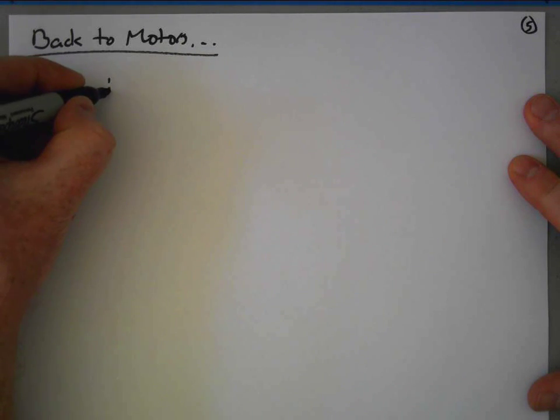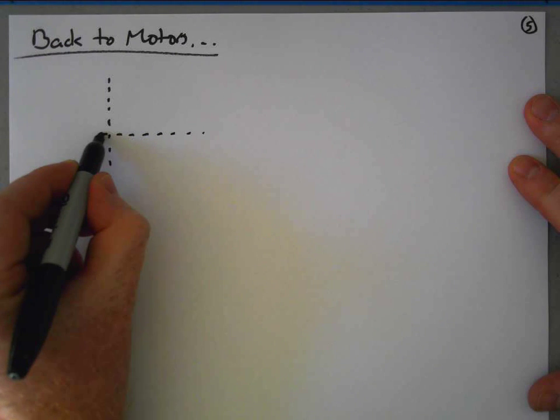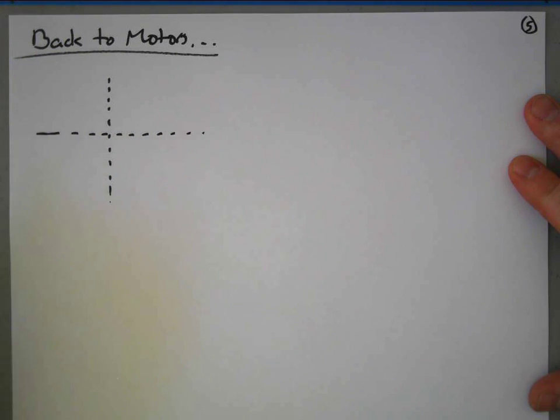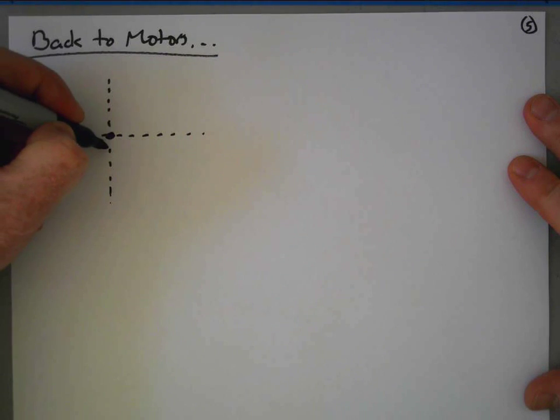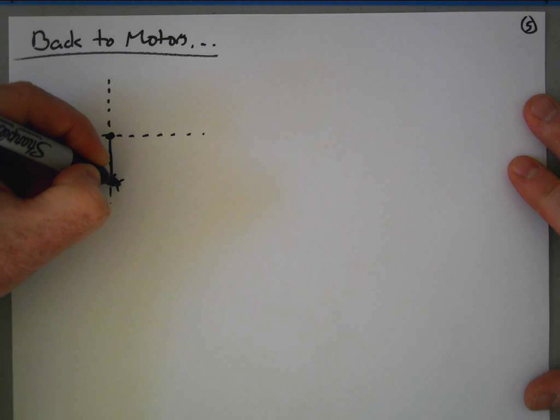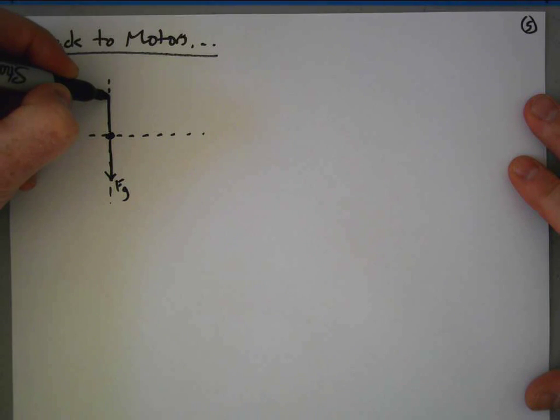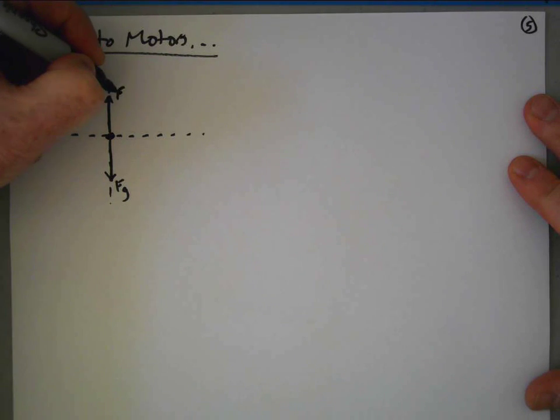I'm gonna do a free body diagram of, let's use a car as an example. And our car has weight. All right, and because of the weight, there's also a corresponding normal force. It's like a reaction force.